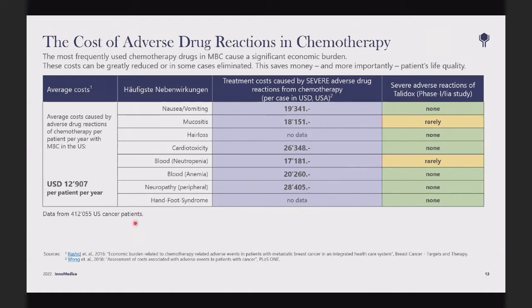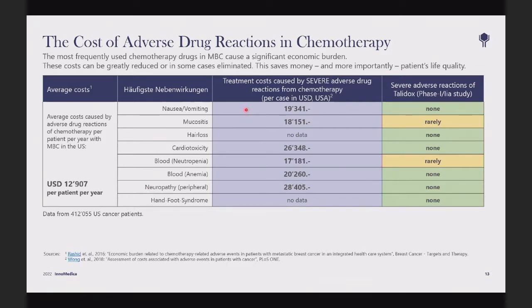And then I wanted to point out an interesting economic aspect of chemotherapy these days. On average, and these are data from these two papers below, per patient per year, there is a spending of $12,907 US in the United States for the management of chemotherapy-induced side effects.